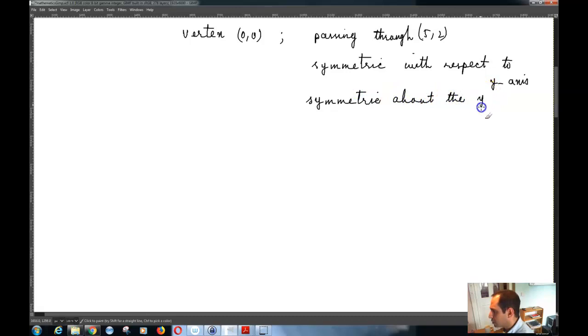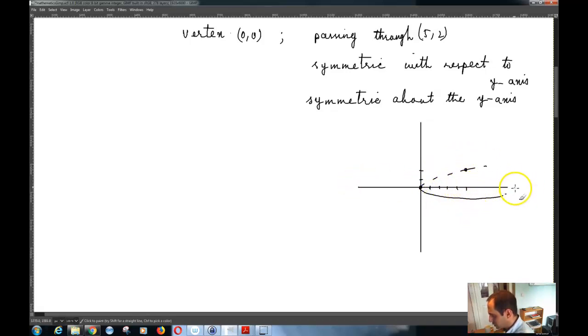What that actually means is that if your parabola is passing through 5, 2, 1, 2, 3, 4, 5, 2 over here, and it's symmetric about the y-axis, it has to go through the origin as well. And it cannot be this way. If I drew it this way, then it would be symmetric about the x-axis.